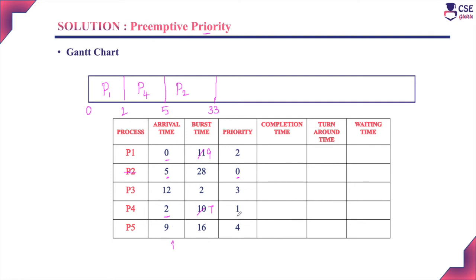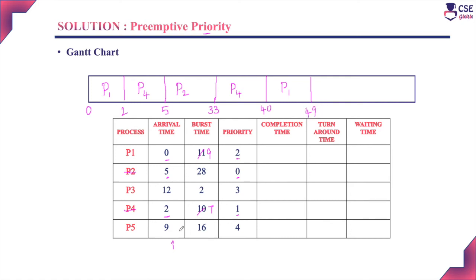Now the next highest priority is priority 1, process P4, which requires 7 milliseconds of execution time. So it is 40 in total. Now P4 also leaves the ready queue. The next highest priority is process P1 with 9 milliseconds, and in total it is 49.